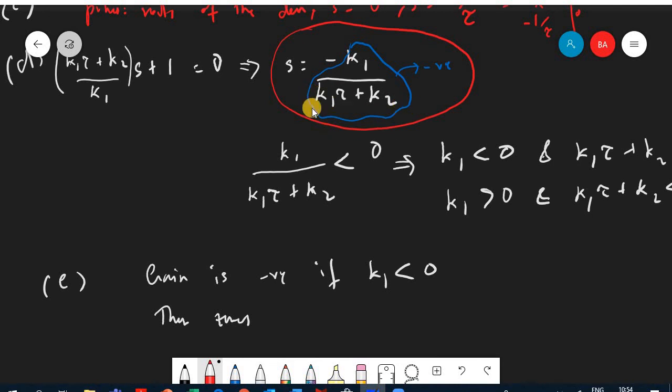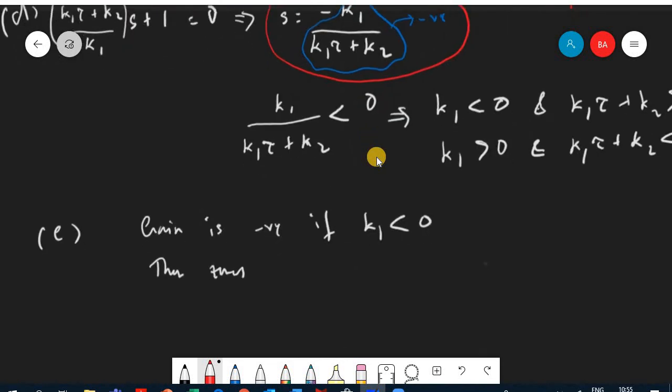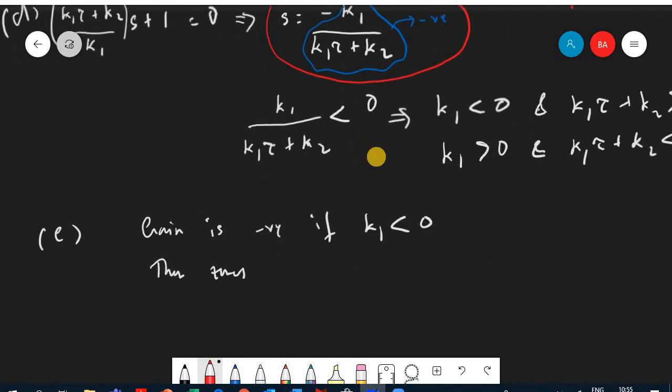So my denominator needs to be positive. Why? Because if it is positive over positive, it will be on the right hand plane. So K1 tau plus K2 is greater than 0. I hope you got it.